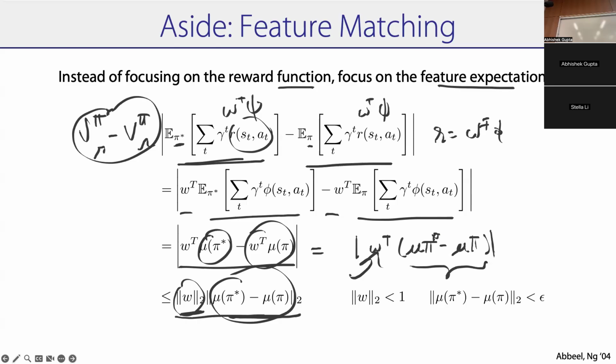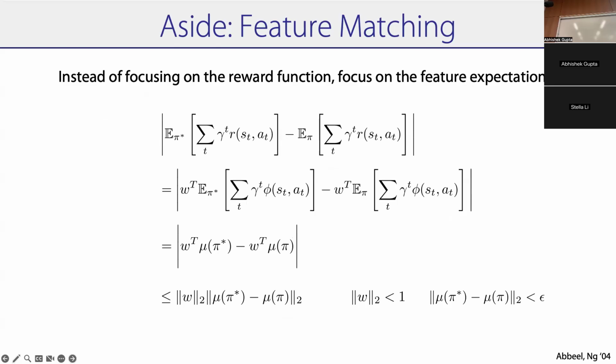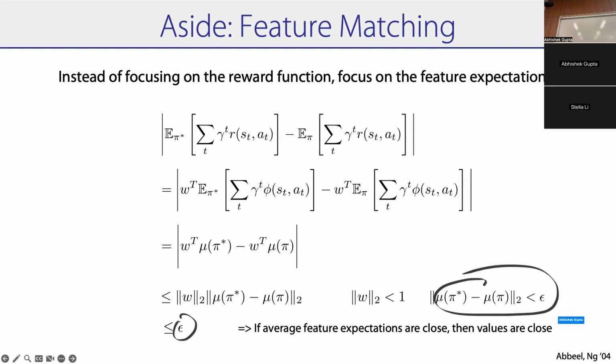So two policies whose expected features are similar will have similar values. Rather than having to get a reward function, you can also try and just match features. So if you have two different policies, you can show that their value difference is bounded by epsilon, where epsilon is their feature difference.